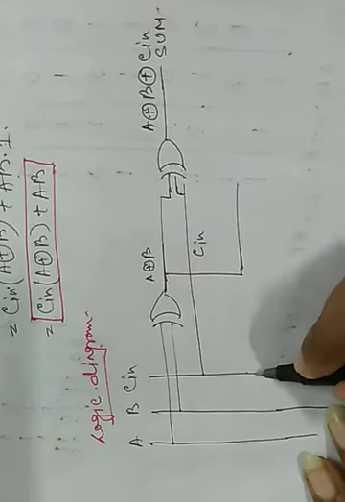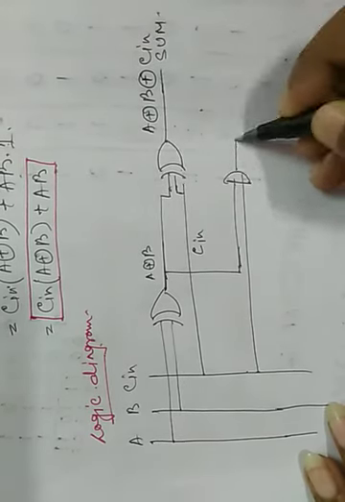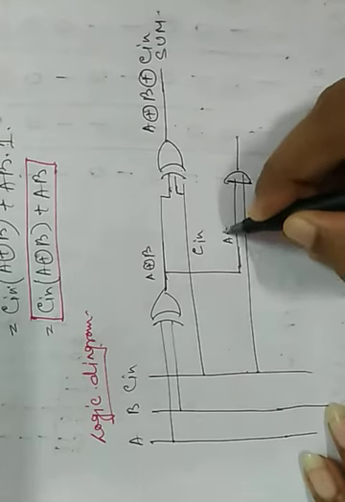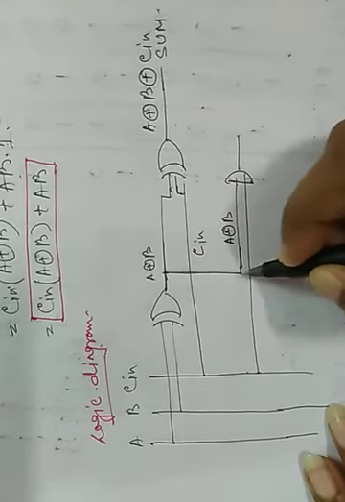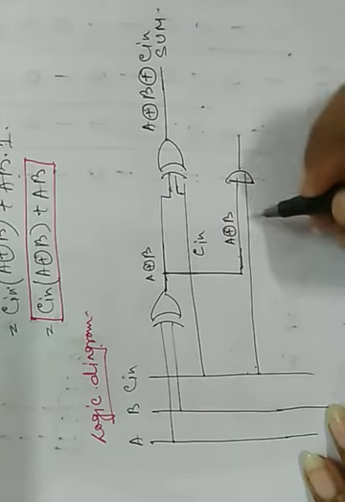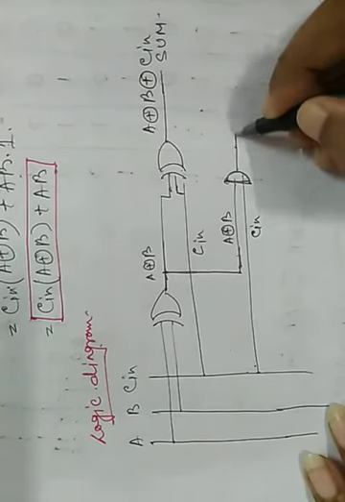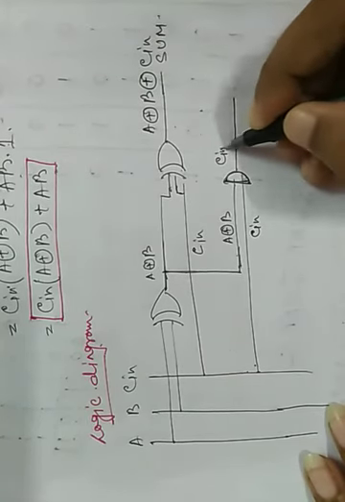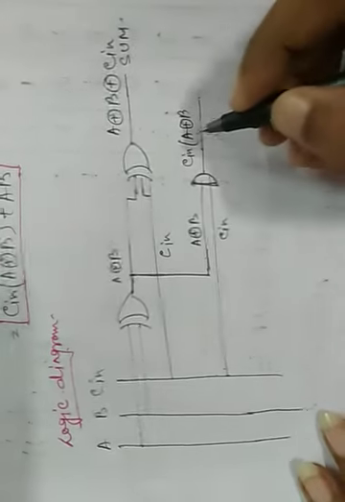Just see it, I am taking the signal from A exclusive OR B, and this is C in, and I pass them through an AND gate. So this output will be C in (A exclusive OR B).